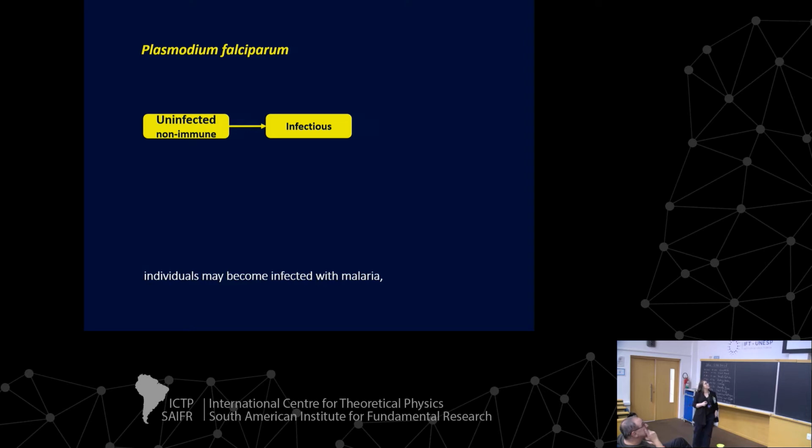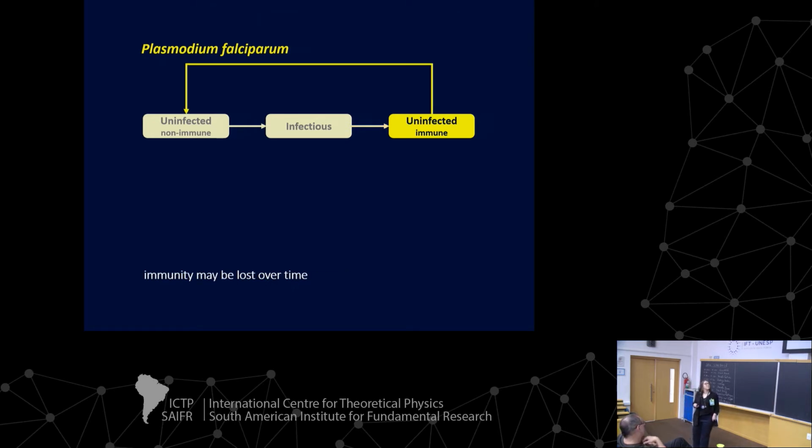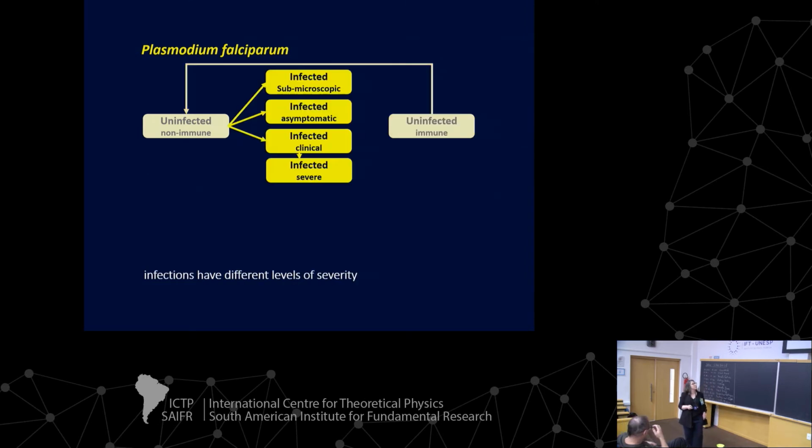So we start with uninfected, non-immune individuals. They become infectious. They recover, they become immune. So it's your standard SIR model, except it isn't, because people lose their immunity to malaria. Also, we have to know what type of infection those people have, because if you're clinical, you'll go and seek treatment, and you'll appear in the surveillance system.